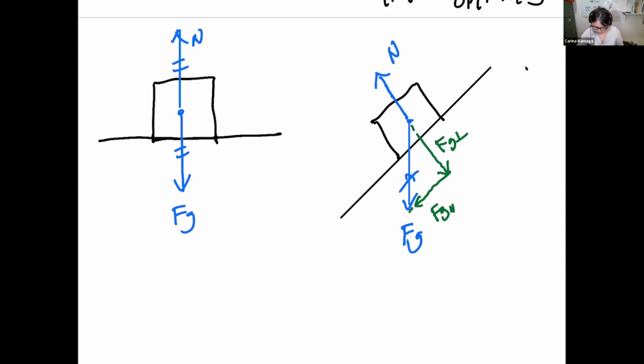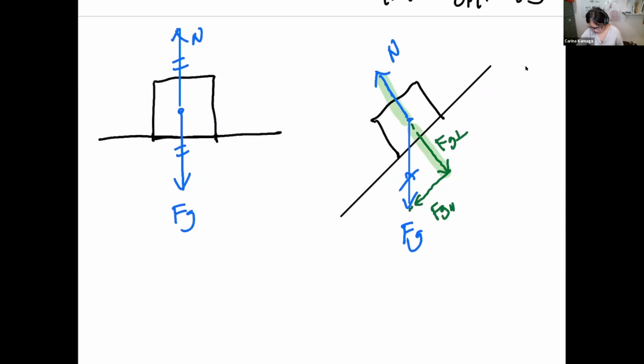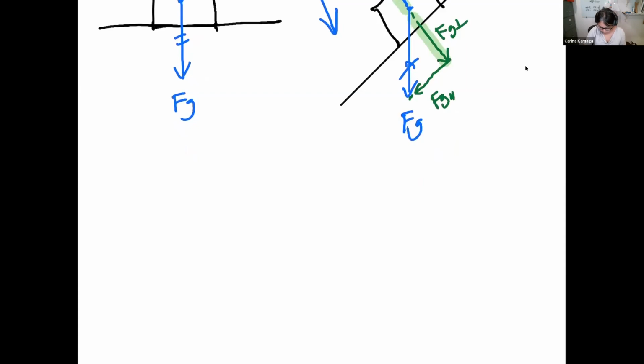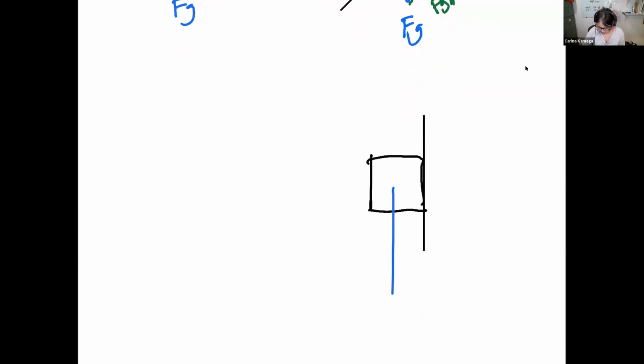Therefore, the normal force, which is going to be the response force to the perpendicular component, is going to be equal to it. So the normal force decreases, right? And when it completely becomes vertical, the gravitational force doesn't change, still mg, vertically downward. But all the components are Fg parallel. Fg perpendicular is 0, therefore the normal force is 0.